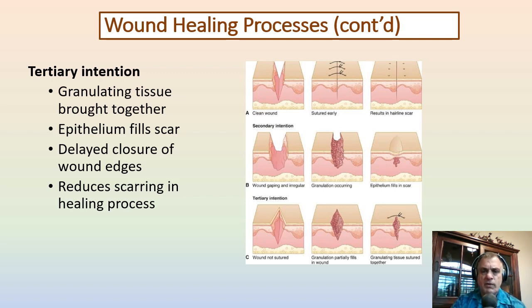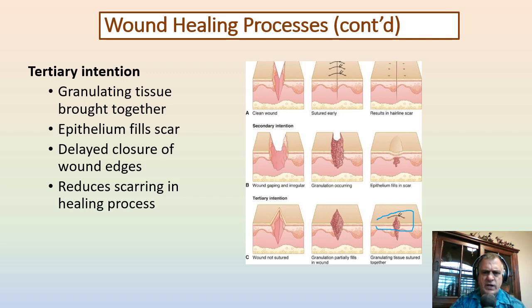Then we have primary, we have secondary, we have tertiary intention. And granulation tissue, you see, is brought together. Epithelial tissue fills the scar and reduces scarring in the healing process. And sometimes there's delayed closure of the wound edges. Notice here there's an example of just a suture line.